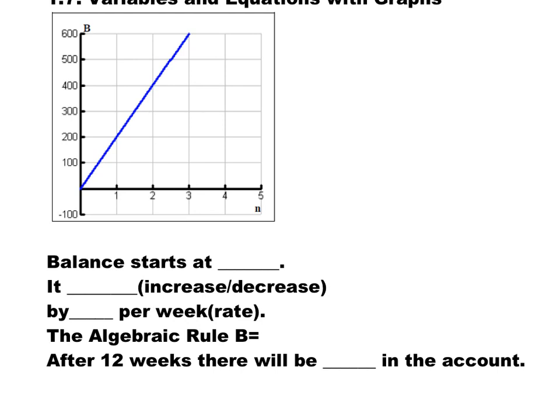In the next example, we have a graph as shown here, and we have to answer a few questions. The first question is, what is the balance that the account starts with? The balance initially is going to be this point here, which means that the balance is going to be 0.